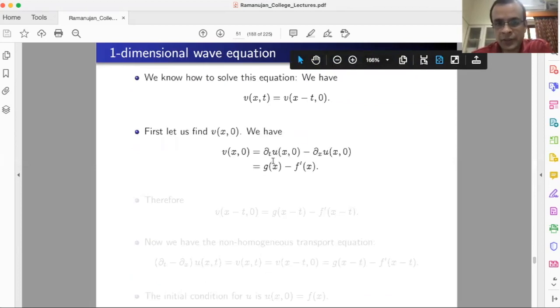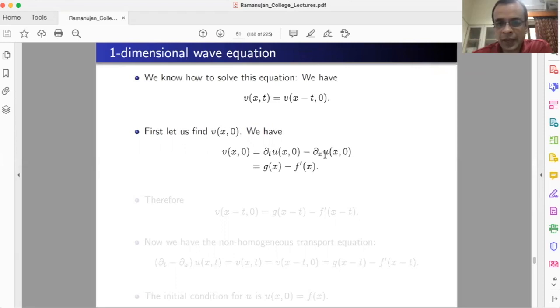So d_t u of x comma 0 is g of x. And d_x u of x comma 0, well, d_x u is not specified, but u is specified. But because u is specified at the initial time, I can also differentiate along the x direction. So because u of x comma 0 was f of x, I get d_x u is equal to f prime of x.